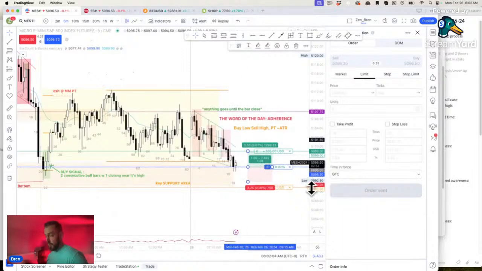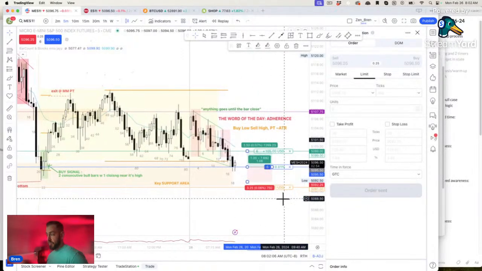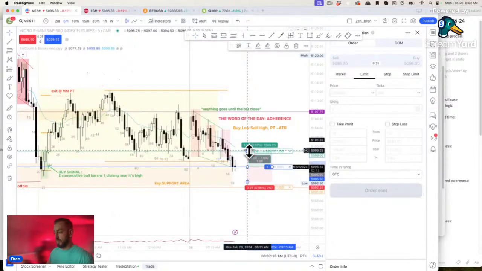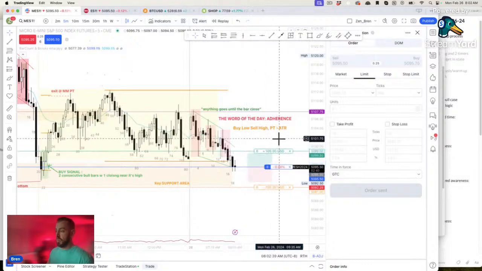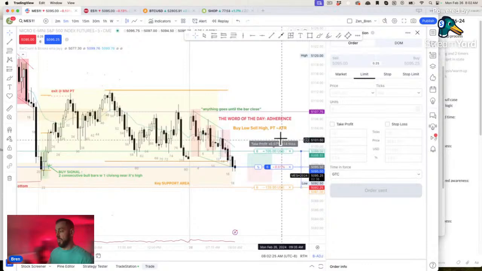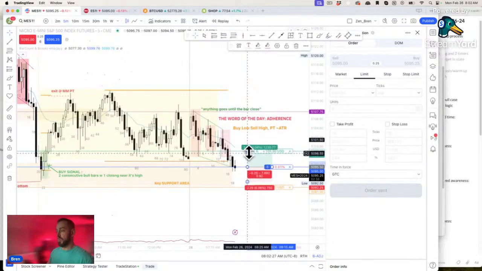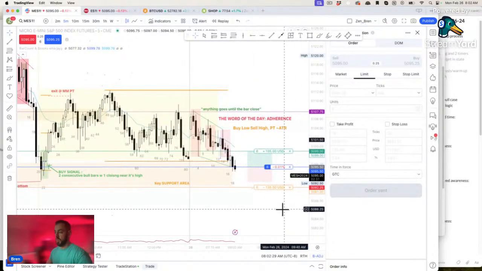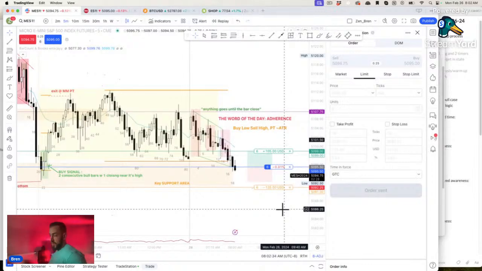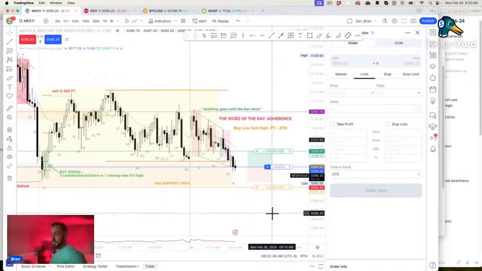ATR is actually 3.2 points. I think we can leave it at 3. Looks like we're gonna have to come down a little bit more before we go up.